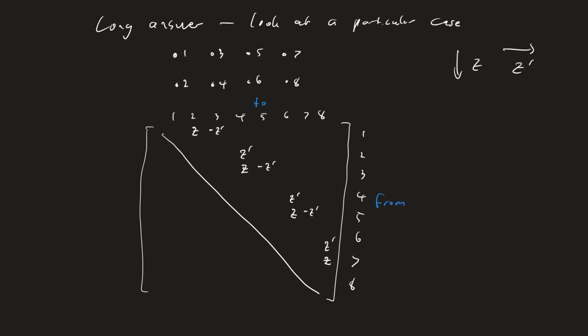The corresponding columns and rows of our matrix are numbered in the same way. We think of the column number as the destination, and we think of the row number as the source, where we can have a tile going from a particular point to a particular point.